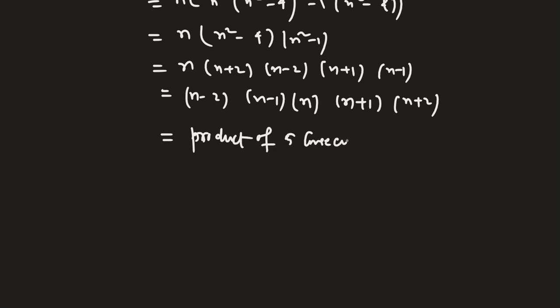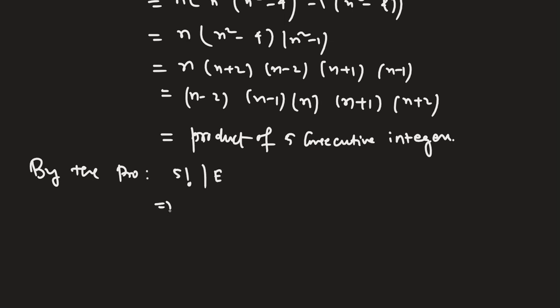Therefore, by the property, 5 factorial divides E. 5 factorial means what? 120 divides E. Hence proved. I hope all of you understand this concept.